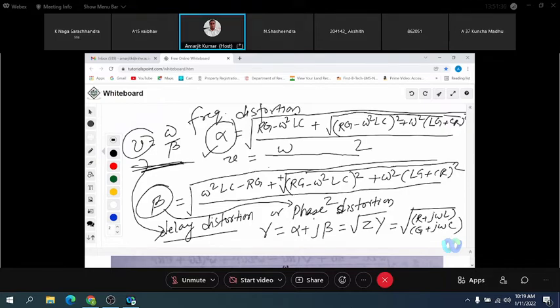It is not an ideal transmission line that I will make G equal to 0. G is the leakage conductance. It will be low, that is correct, but it will not be 0. And even if I make G equal to 0, then what will happen?